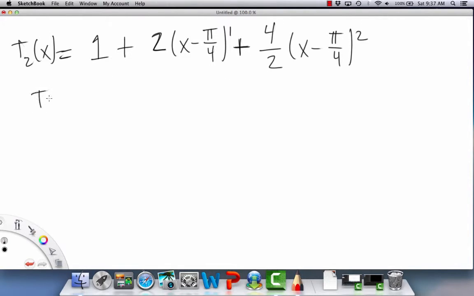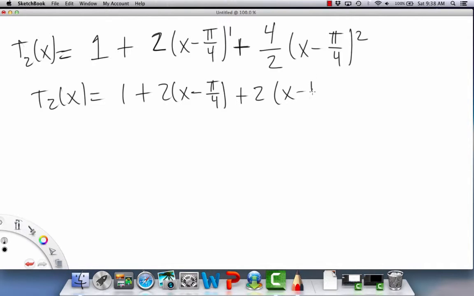We can simplify it real quick. It equals 1 plus 2 times x minus pi over 4, plus 2 times x minus pi over 4 squared. So that's our second Taylor polynomial, our expression for that.